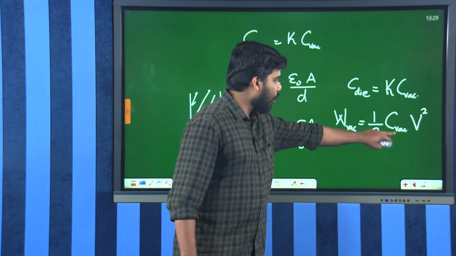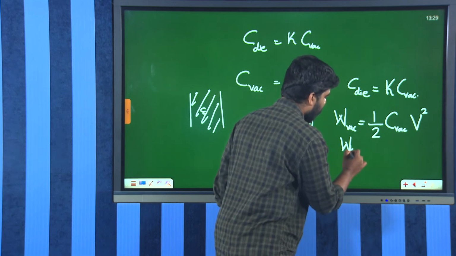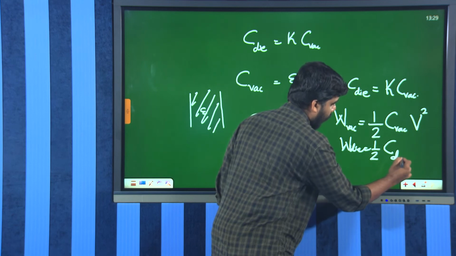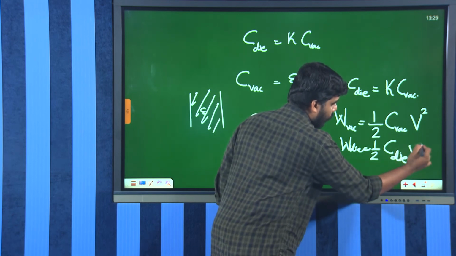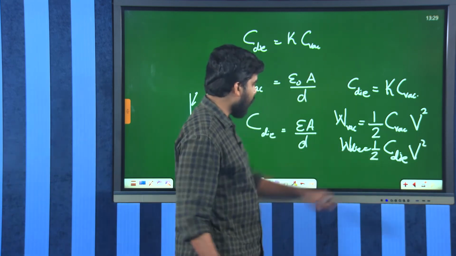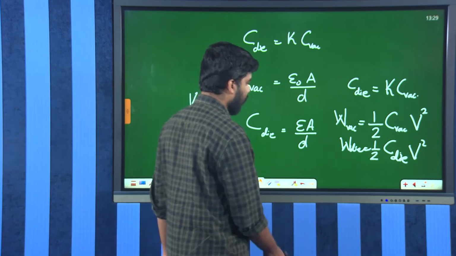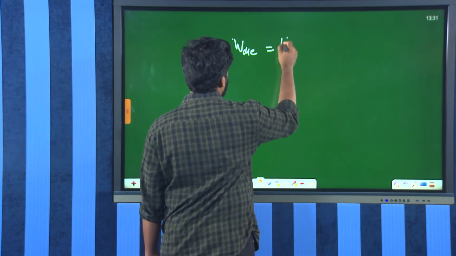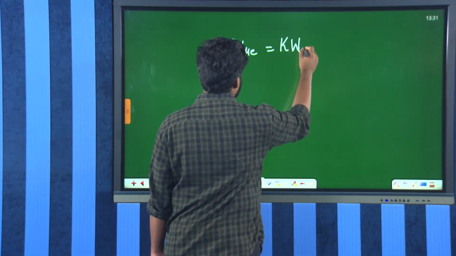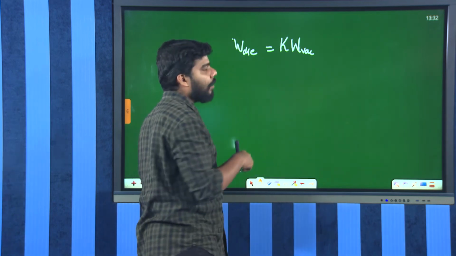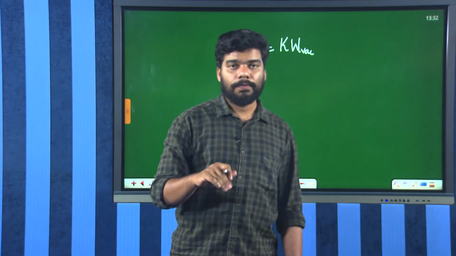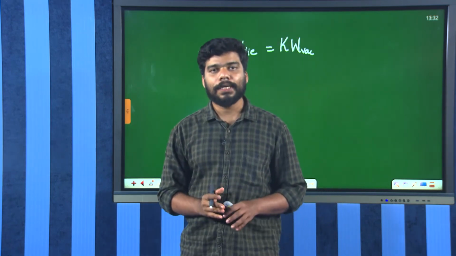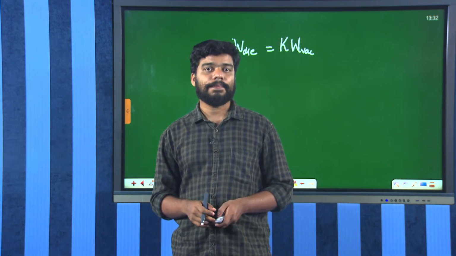So for the work done for a dielectric, I have to substitute half into C of dielectric into V square. So W of dielectric is equal to K times W of vacuum. This was the result we obtained just before. So this is also true for a capacitor which is filled with a dielectric of constant K.